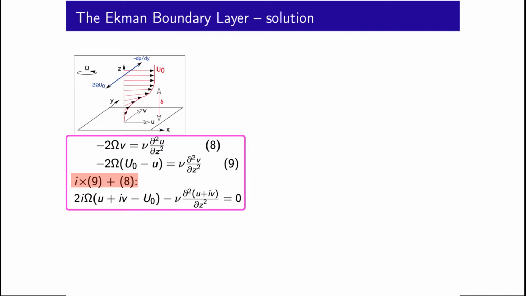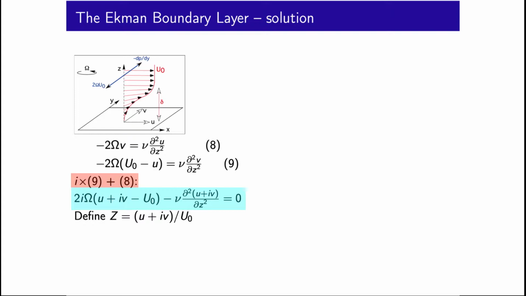This reduces to give 2i omega times (u plus iv minus u0) minus the viscosity times the second vertical derivative of (u plus iv) is equal to 0.